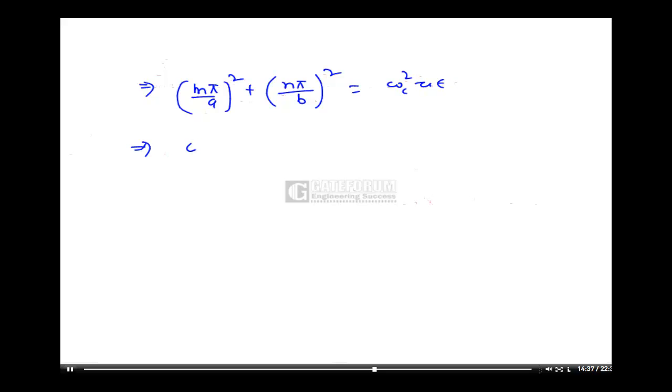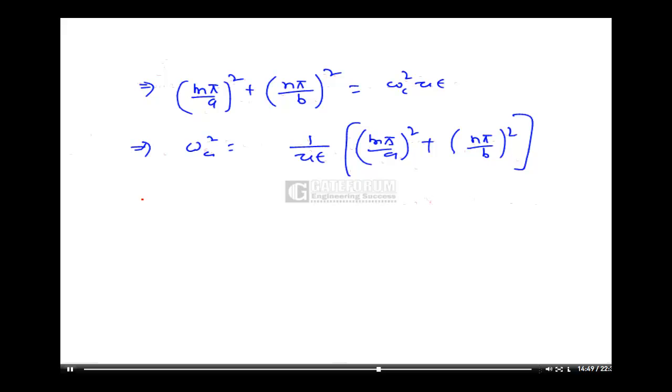So we can simplify it further. Then (m pi by a) whole square plus (n pi by b) whole square is equal to omega c square mu epsilon. This implies omega c square is equal to 1 by mu epsilon into (m pi by a) whole square plus (n pi by b) whole square.